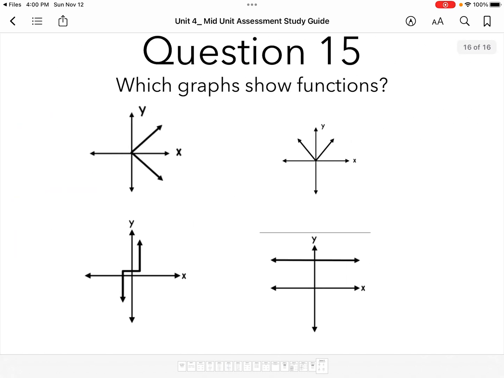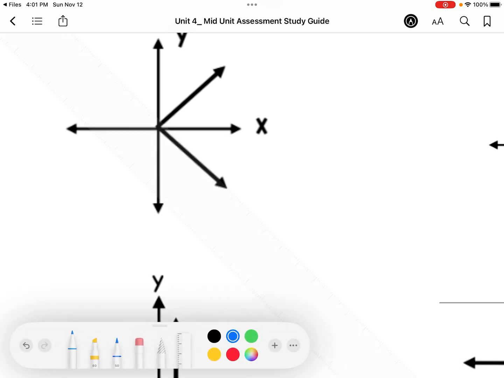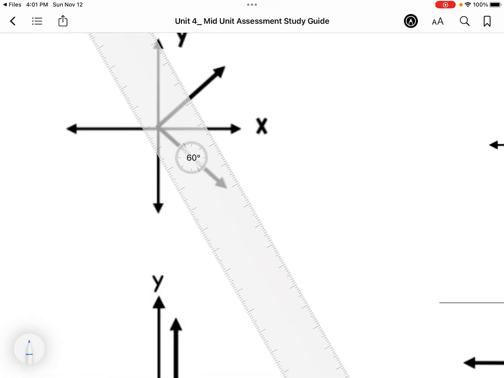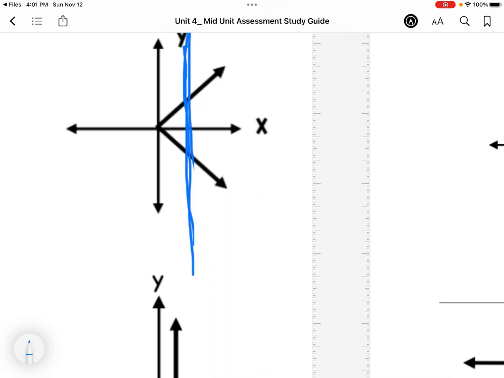Which graphs show functions? So let's talk about our vertical line test. Our vertical line test means when I bring my hand across the graph from left to right, my hand only touches the graph in one place. So I'm going to take my drawing tool out. I'm going to get my ruler. So when I come across with my ruler, you can see that the graph is touched here and here.